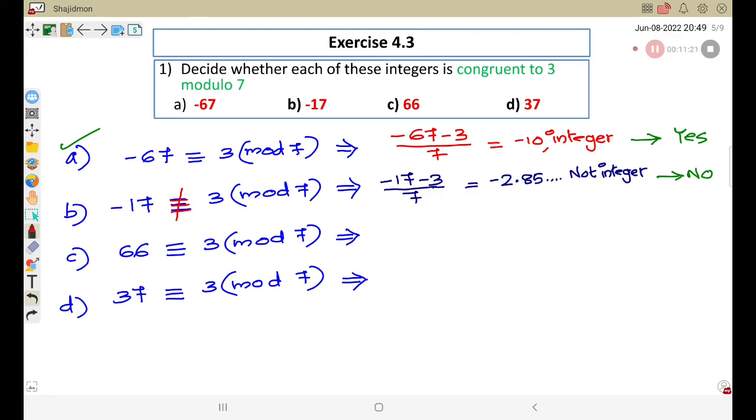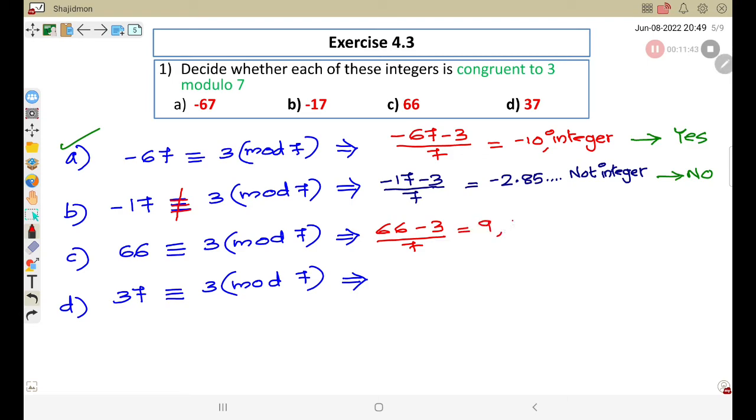Now question C part, 66 congruent to 3 mod 7. We can check 66 minus 3 divided by 7. What answer are we getting?